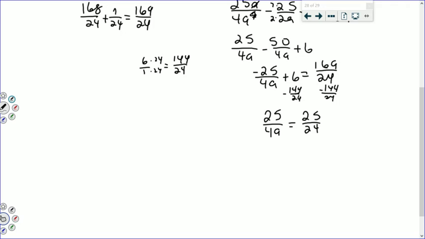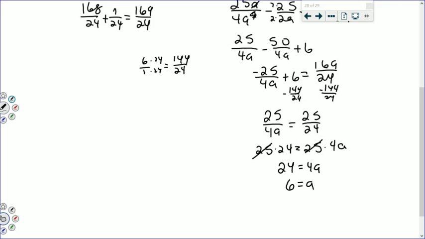So then from here, since we have a fraction equals a fraction, we can cross multiply. So 25 times 24 equals 25 times 4a. Whenever we have something multiplying on both sides, if we divide both sides by 25, this is going to go away, this is going to go away. So we have 24 equals 4a, and then divide both sides by 4, we get that 6 is a.